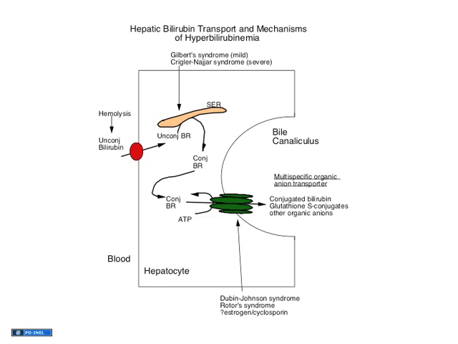Then there are drugs, and we'll talk about that on Friday, like estrogen, that can slow down this transporter, and you can get a problem with that. Obviously, if you destroy the liver cells, you're going to get jaundice as well. Once you can't get rid of it here, this is the rate-limiting step.